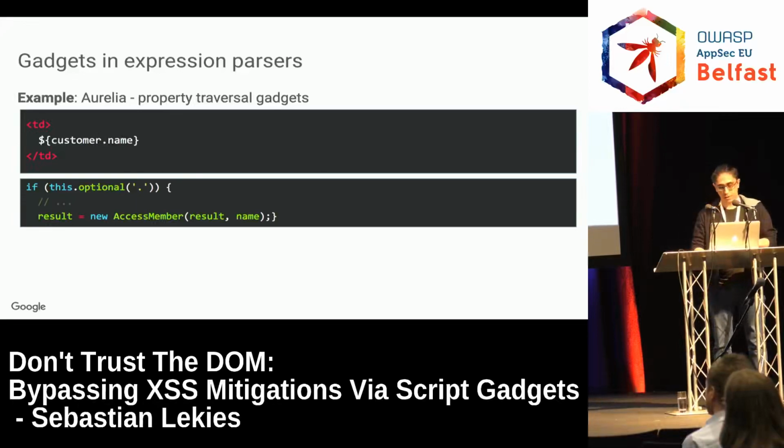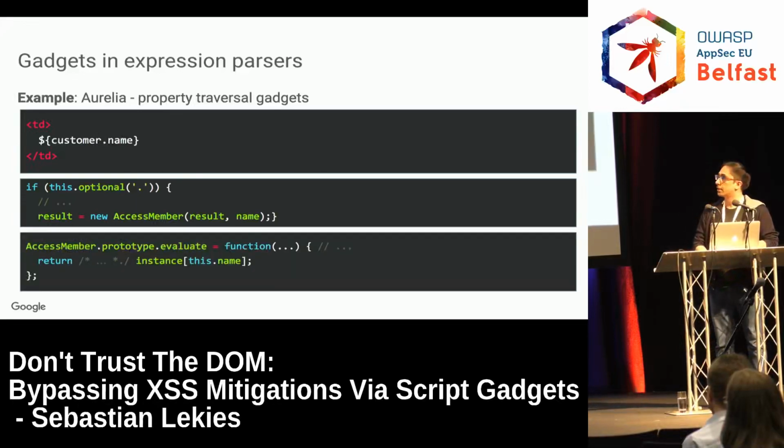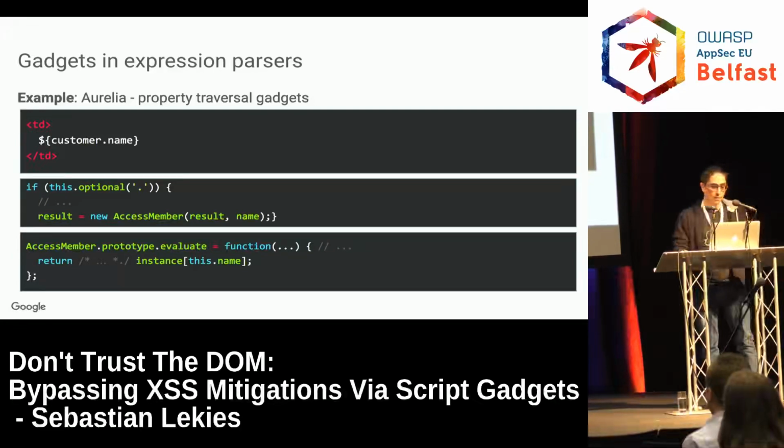And when this expression is being evaluated, the access member evaluate property is being called, and in this case it simply returns some property of an object. So in this case there would be an object named customer or representing a customer, and it would have a name property, and calling the evaluate function will just return the value of this name property.